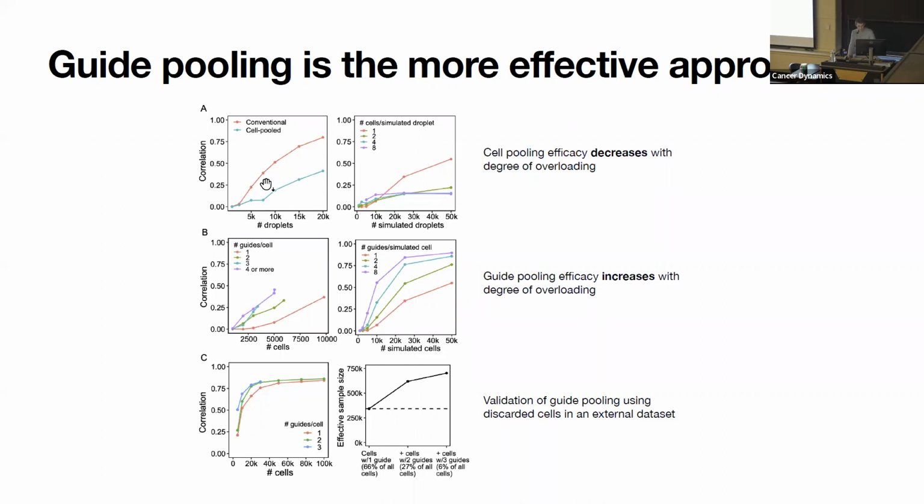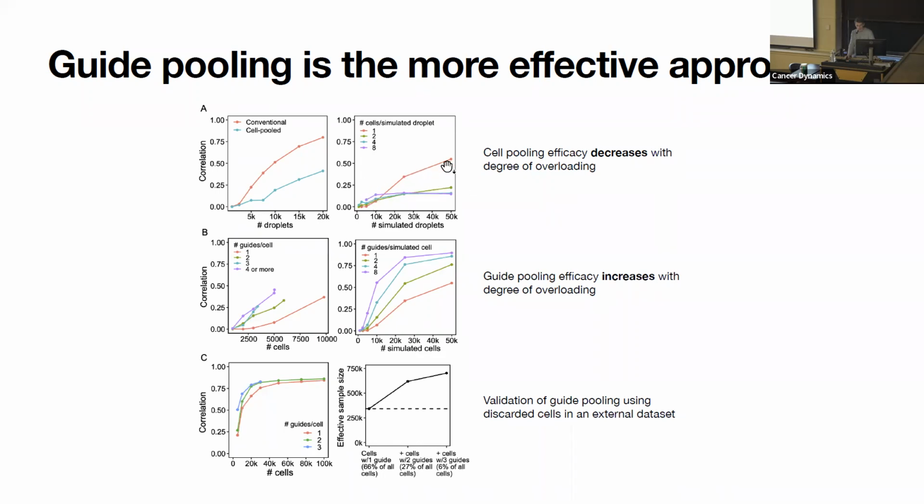So we looked both in our actual data and in simulation, if you have droplets with a single cell or 2 cells or 4 cells or 8 cells, how does your validation accuracy change with increasing amounts of data?